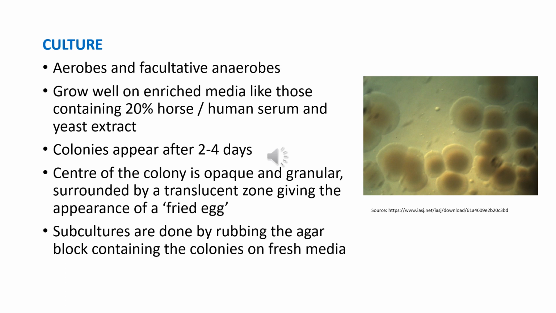After incubation, colonies will be developed after 2 to 4 days. If you look at the colony, the center of the colony will be opaque and granular. The colony will be surrounded by a translucent zone giving the appearance of a fried egg. Subcultures are usually done by rubbing the agar block containing the colonies on fresh media.